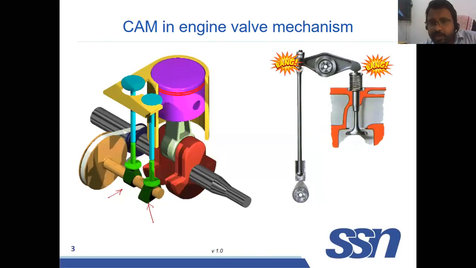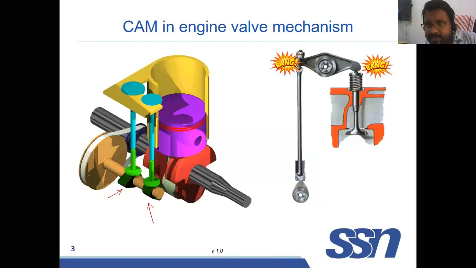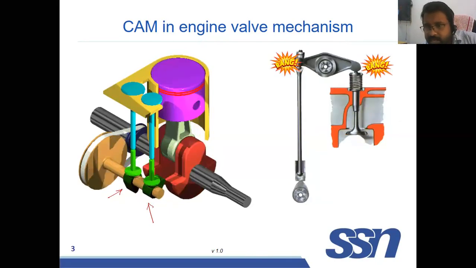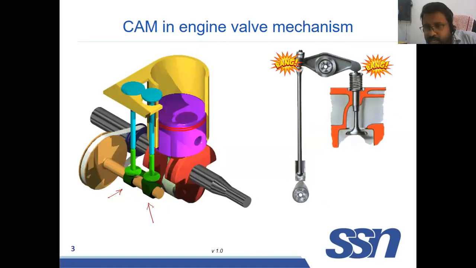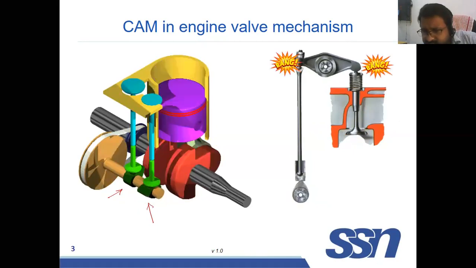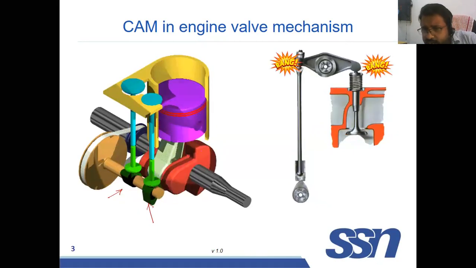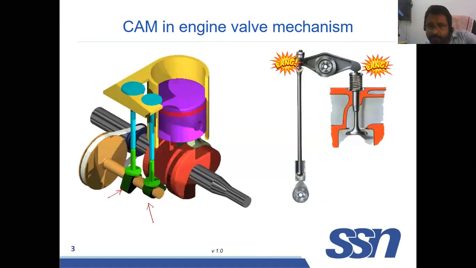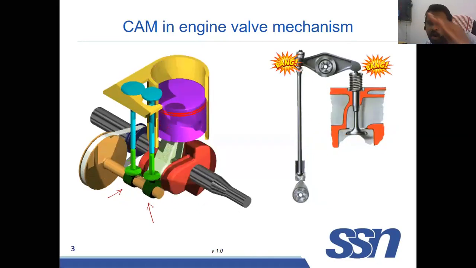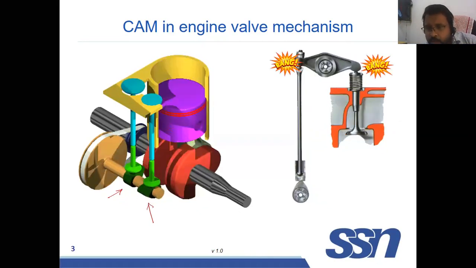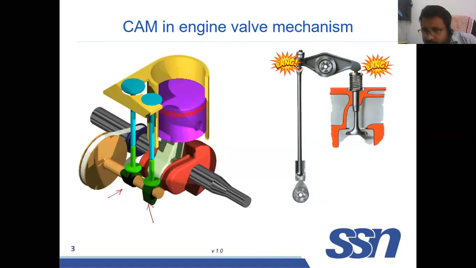So this is the thing. You can see the same mechanism is shown in a different way here. You can see the 360-degree rotation of the cam. It is giving a lift at the places where the profile is going out of the base circle. This is the base circle. The profile is going out a little bit.